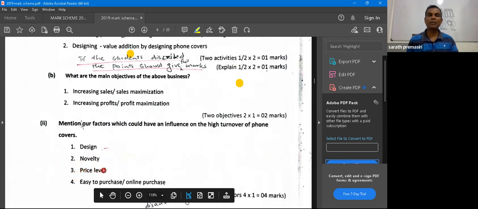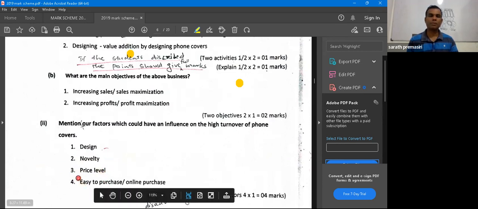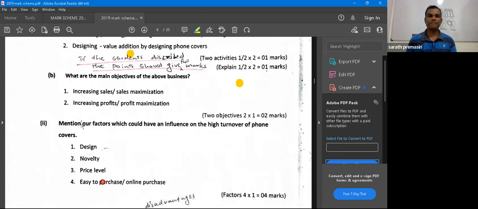Low price level set by Anusha. Easy to purchase due to online trading.